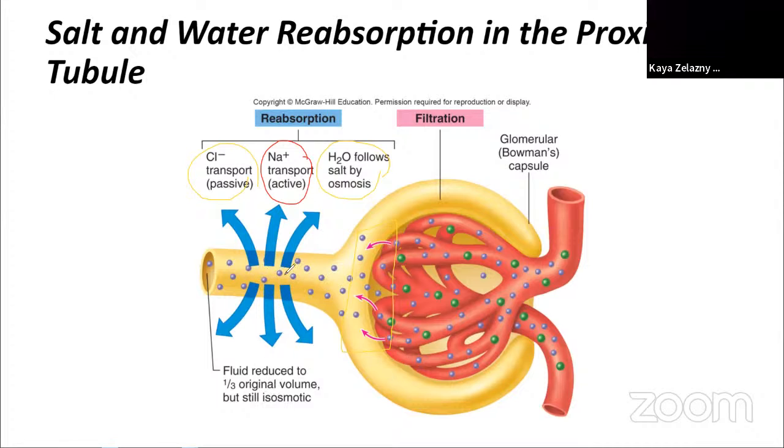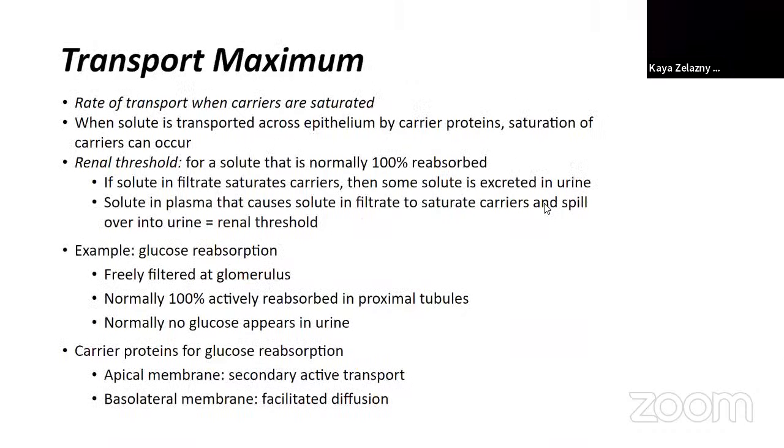This fluid that's ultimately going to become urine, we're reducing it to about 1/3 of the original volume because we're reabsorbing so much of the water. But at this point, it's still isoosmotic. So we still have the same osmolarity inside the tubule versus outside because we've moved both solutes, the sodium and the chloride, and water, and they're balancing each other out. So we haven't changed the overall osmolarity here.